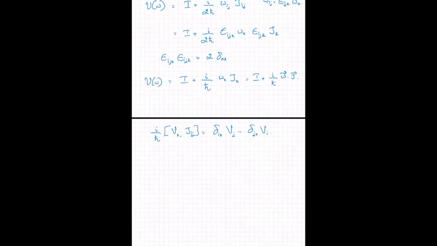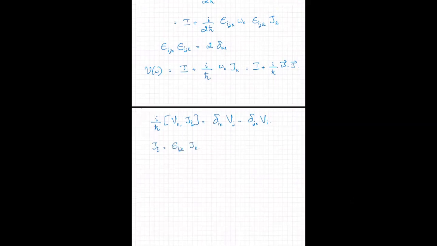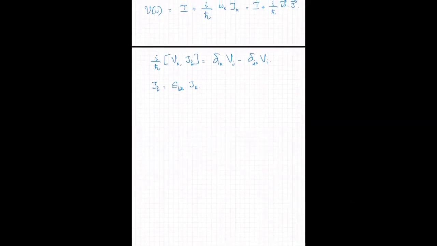Okay, so what is this equal to? I will plug in J. So J_ij is equal to epsilon_ijl J_l in this equation. So this is equal to i over h bar, [V_k, epsilon_ijl J_l] equals delta_ik V_j minus delta_jk V_i.